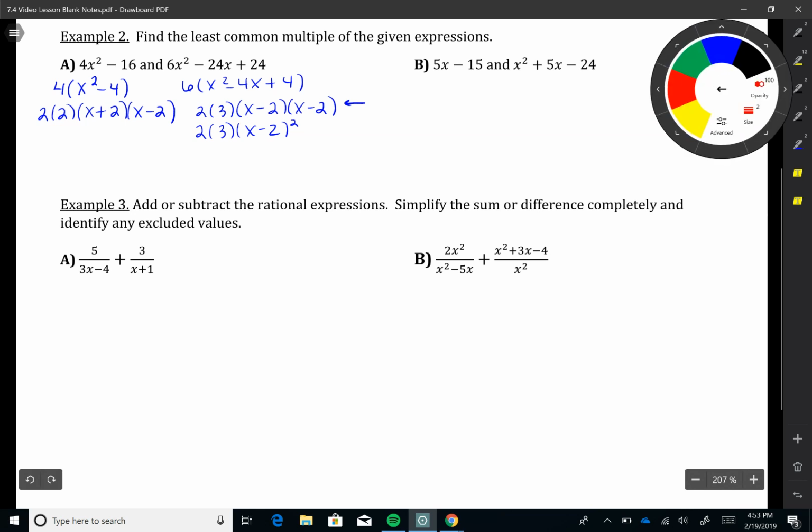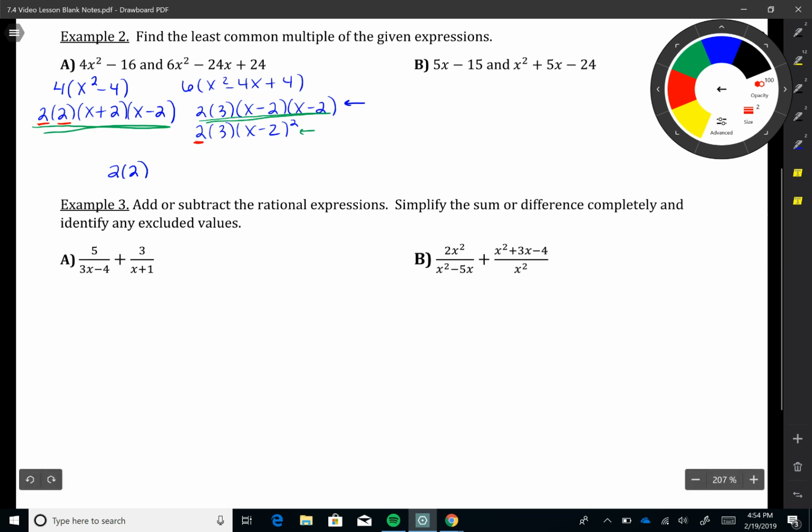Okay, so when we do the LCM, first of all, I need to include everything I see in both this expression and this expression. What I see over here is I have 2 2's. Well, this expression has a 2 as well. So I don't need to write that one twice, but I do need to have these 2 2's there. Now on the left, I have an x plus 2.